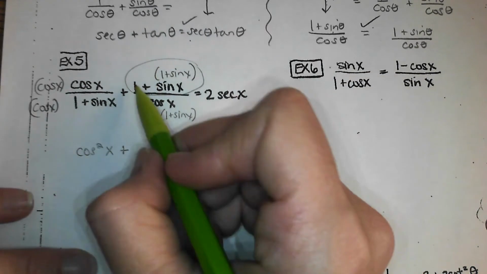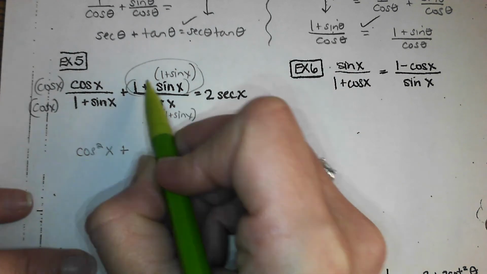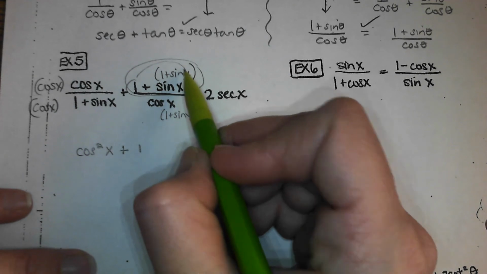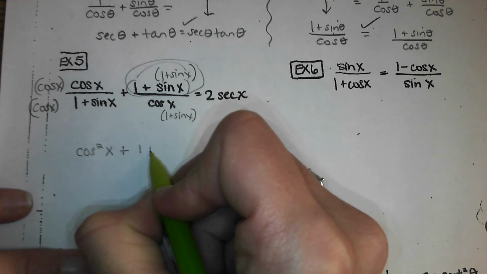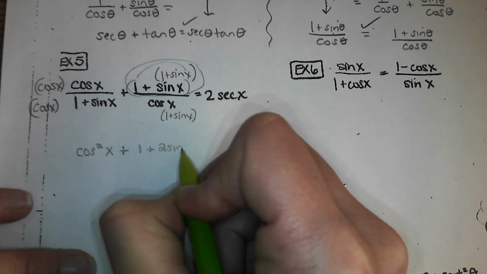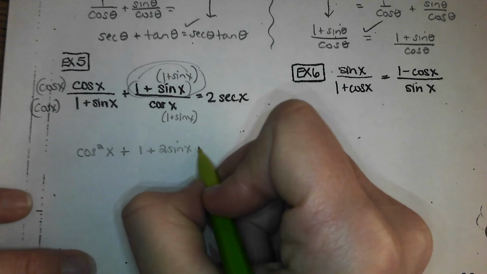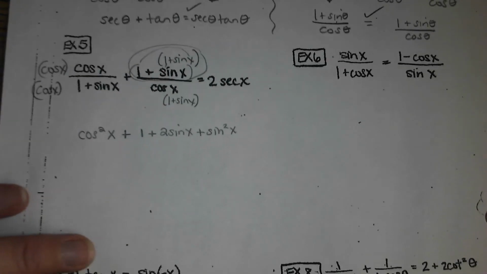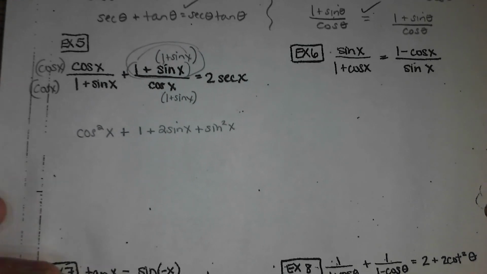is going to be, you got to kind of FOIL, right? 1 times 1 is 1. Plus a sine x on the outer and plus a sine x on the inner is going to be plus 2 sine x plus sine squared x. Your fluency with that is going to depend on your fluency for squaring a binomial, right?